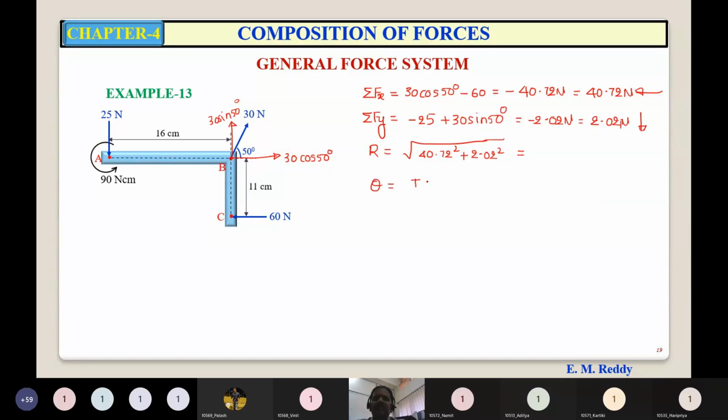Direction of resultant, tan inverse summation Fy upon summation Fx. That is 40.77, and theta is 2.84. This is with respect to x.